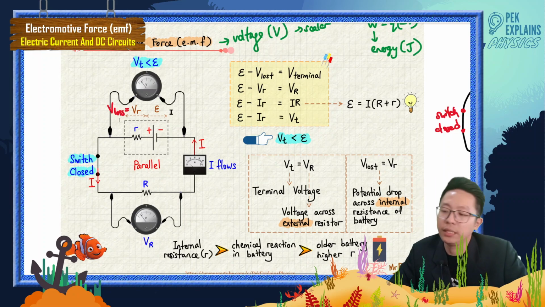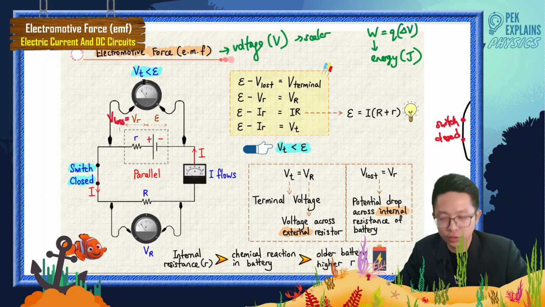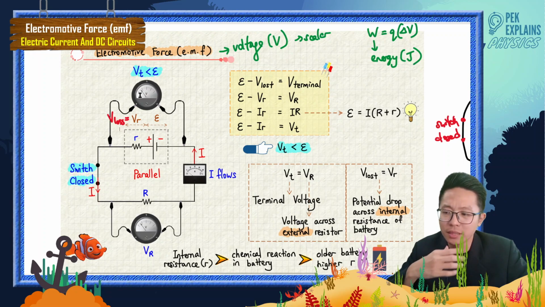And this is the EMF, and this is the external resistor. Now, here you can see there is a voltmeter connected across the battery. This voltmeter will record the terminal voltage, VT. Why do we say the voltage across the battery is a terminal voltage?